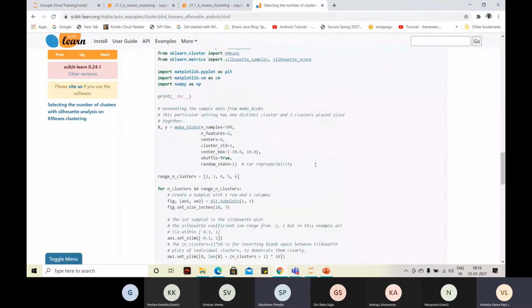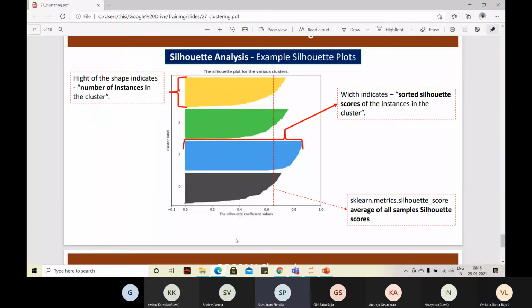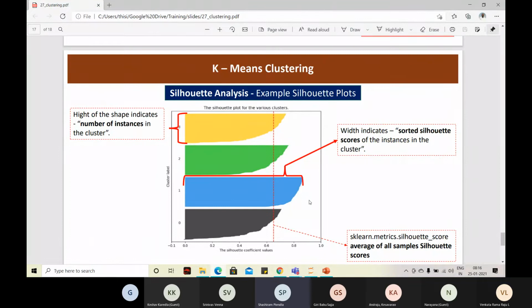Yeah, I got that. But the vertical line is passing similarly through the 3 knives, but for the blue knife, it is actually inside. Maybe 3. We will not know that until you do 3 clusters and plot this again.